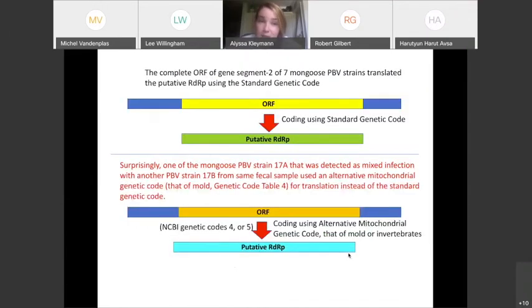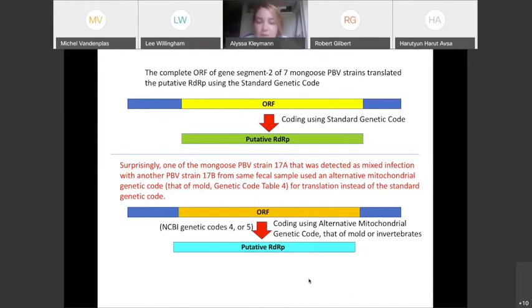So the complete ORF of gene segment 2 of 7 mongoose PBV strains translated the putative RDRP using the standard genetic code. Now, surprisingly, the mongoose strain 17A, that was detected as a mixed infection with another PBV strain, 17B, from the same fecal sample, uses an alternative mitochondrial genetic code.